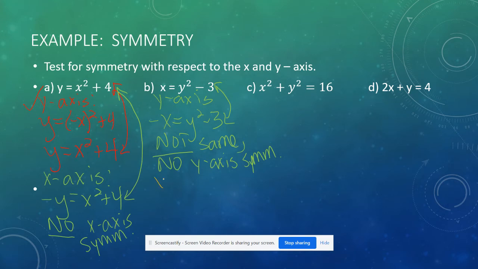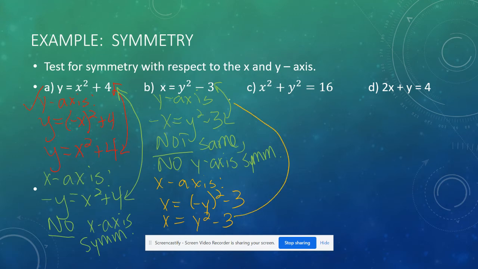Now if I check x-axis symmetry, we have a negative in for y. When I simplify the negative y squared, because the negative is inside the parentheses, it becomes positive again. And again, when I check the original with this, they are exactly the same. So we say yes, x-axis symmetry.